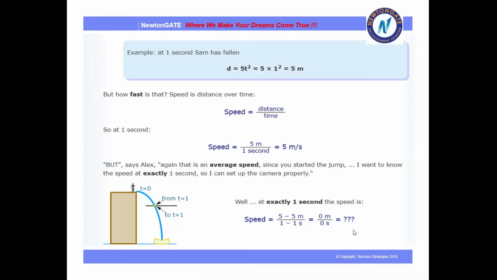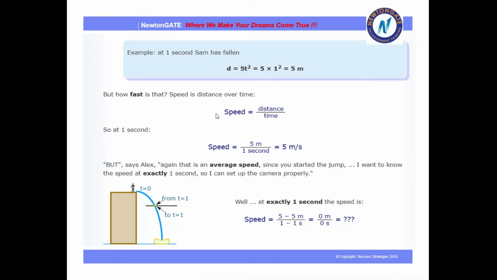So as you can see, we are taking the final distance minus the initial distance, divided by the final time minus the initial time. So here at 1 second Sam has fallen through 5t square, where 1 is the time, and hence it is 5 meter.